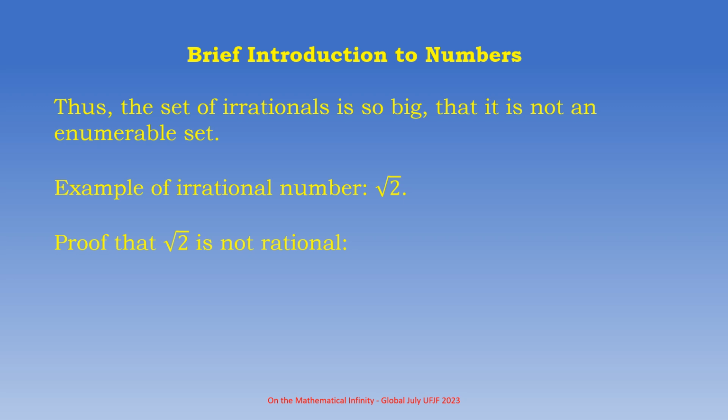The set of irrationals is so big that it is not an enumerable set. It's hard to understand this, but the infinite irrationals are so big a number, or maybe not a big number, but a big something, right? Because that's not a number anymore. But so big a something that I cannot count.